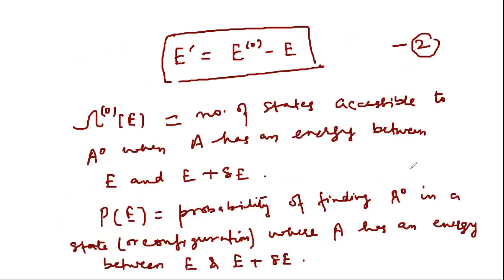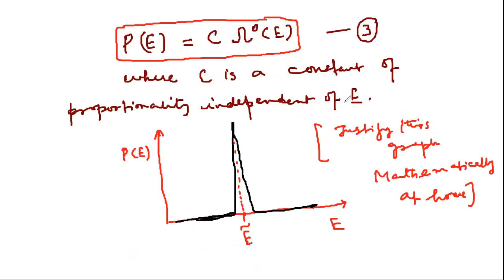Then we said we can write the number of states accessible to the combined system when A has an energy between E and E plus delta E, and connect it with the probability of finding the combined system in that state. We wrote this proportionality, where C is a constant.